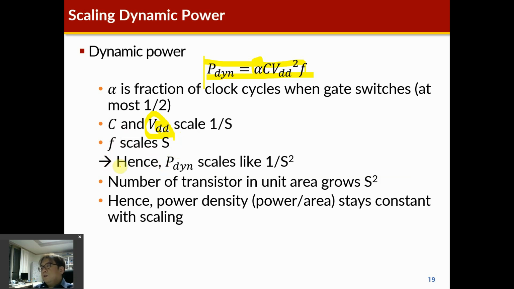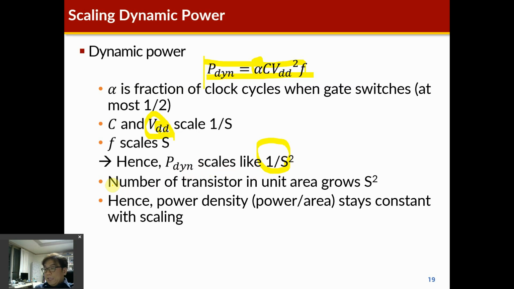So what's the result of this CMOS scaling? C is 1/S and VDD is 1/S square, because it's VDD square, and F is S. So finally, dynamic power scales like 1 over S square. So this is the scaling of the dynamic power of one CMOS transistor. I said one CMOS transistor.